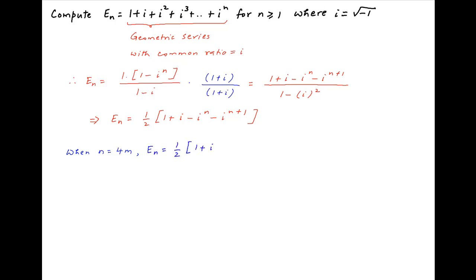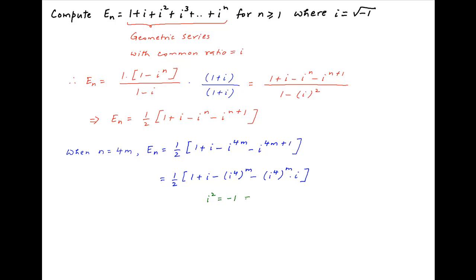Therefore, En is equal to half of 1 plus i minus i raised to the power 4m minus i raised to the power 4m plus 1. This is equal to half of 1 plus i minus i raised to the power 4 raised to the power m minus i raised to the power 4 raised to the power m times i.